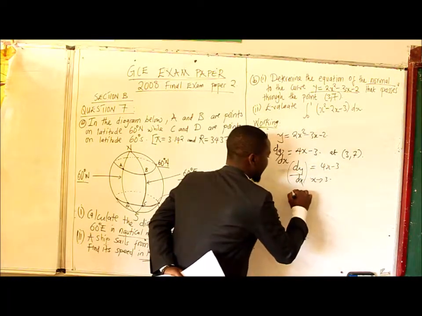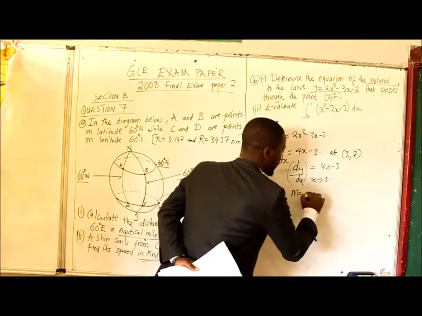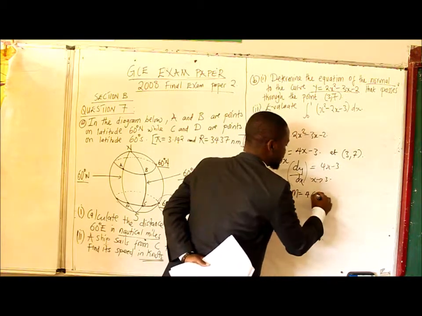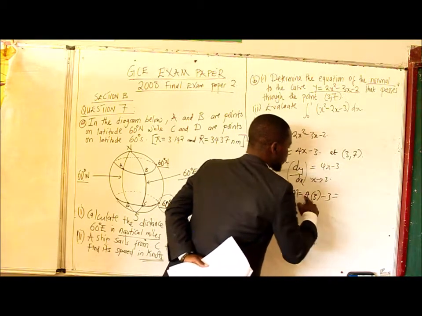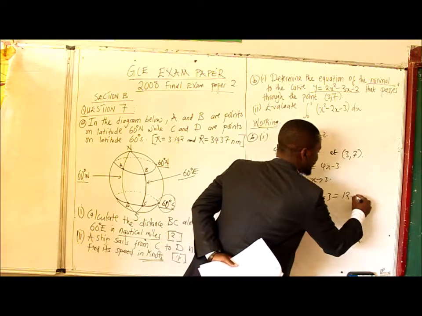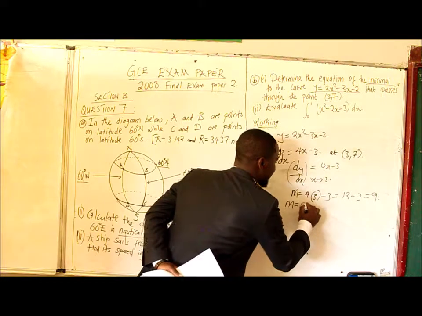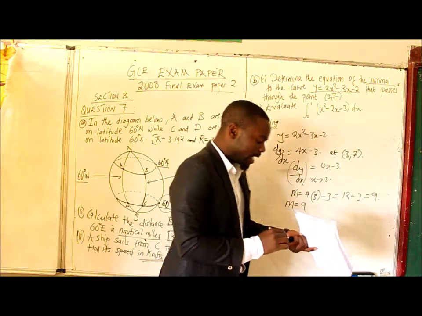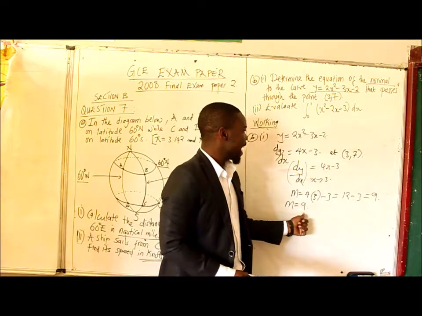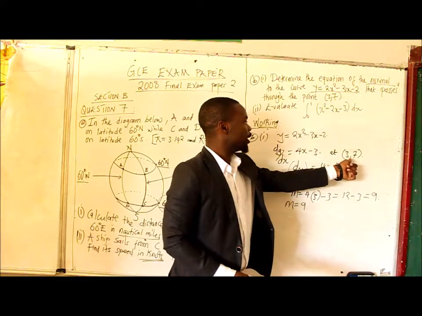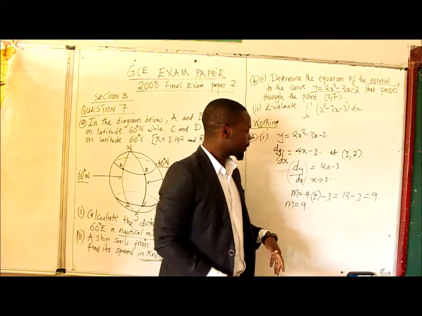So gradient m is equal to 4 times 3 minus 3. 4 times 3 is 12, minus 3, which is 9. So our gradient at this point (3, 7) is 9.